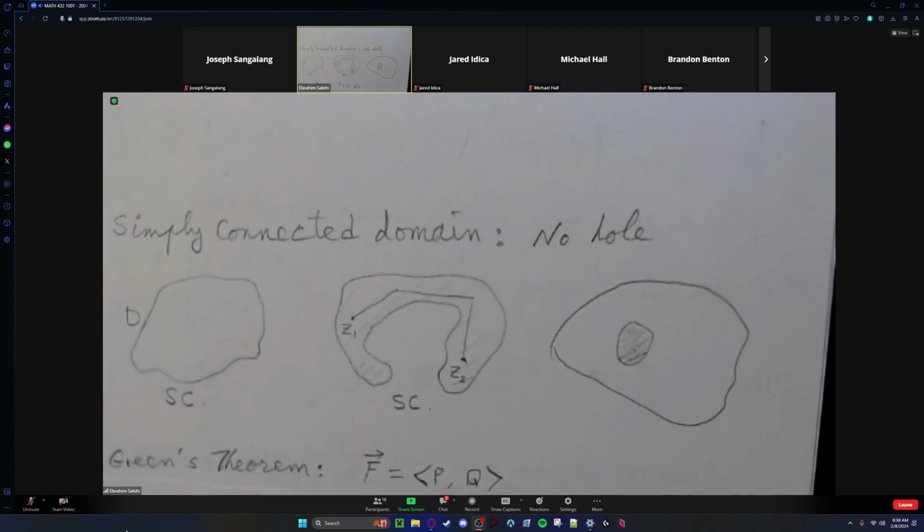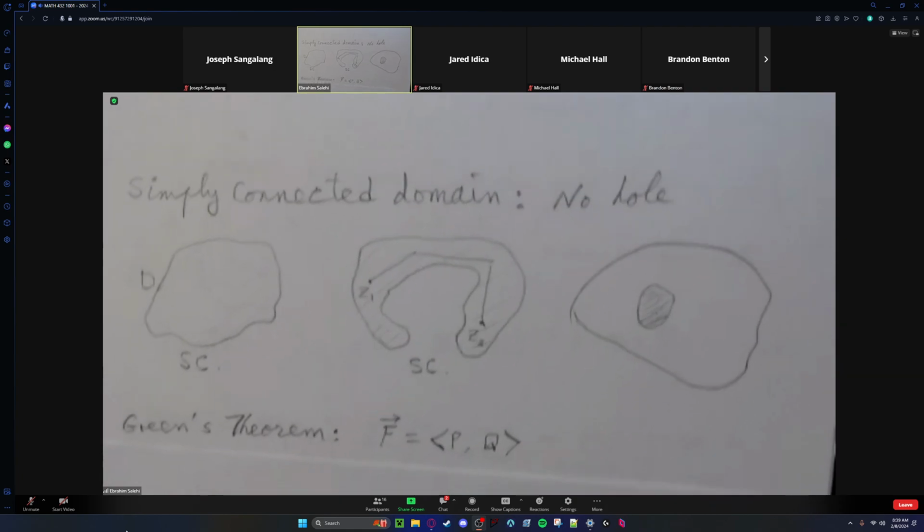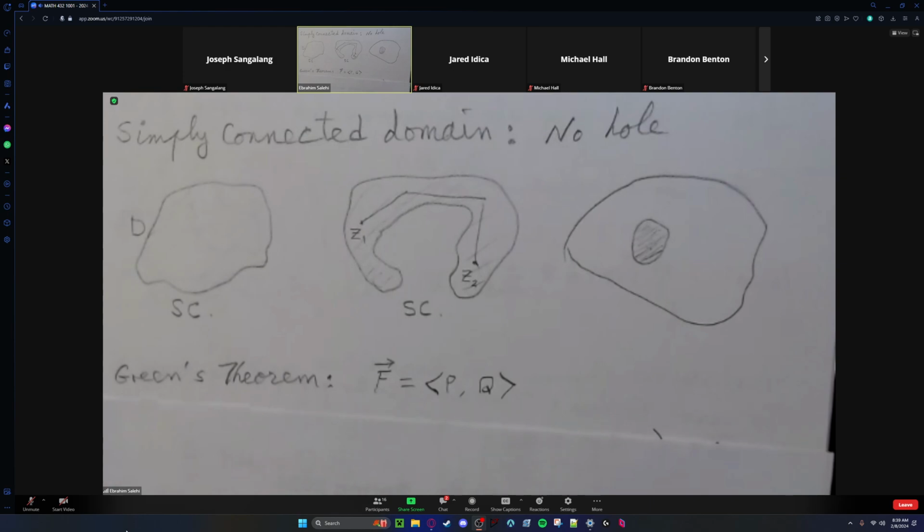Here is just as a reminder what Green's theorem was, because it is being used in the proof. Green's theorem is about a line integral of a vector field. Okay, this is Calculus 3. P and Q are functions of two variables, X and Y. There's no complex stuff here. I'm just taking you to Calculus 3.